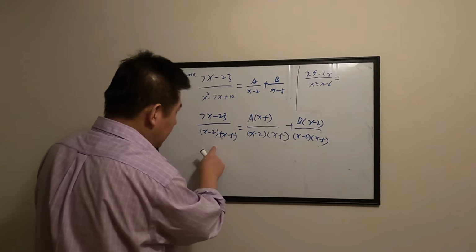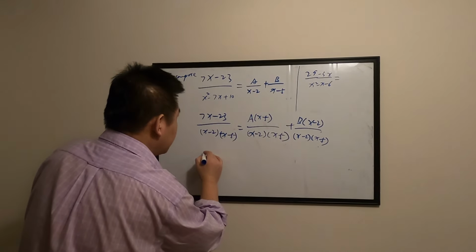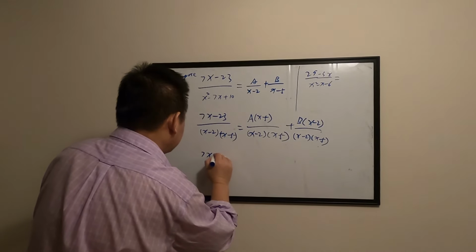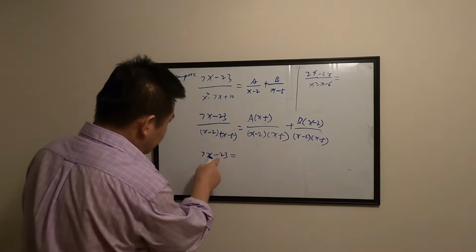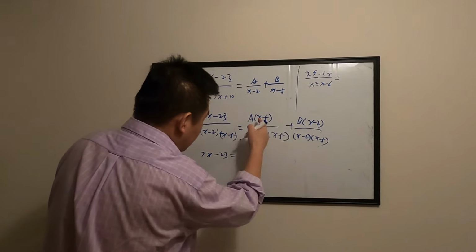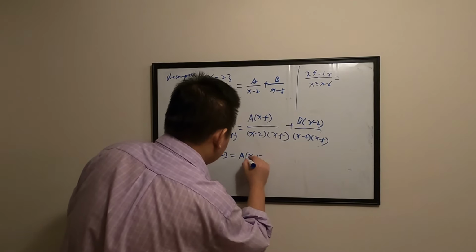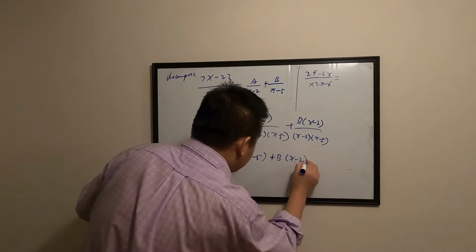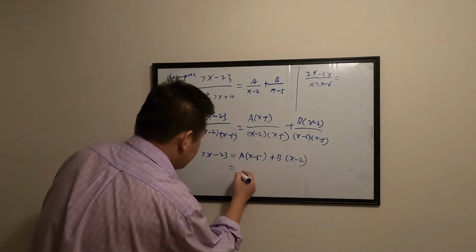The denominator is the same, so the numerator should also be the same. 7x minus 23 equals this here.